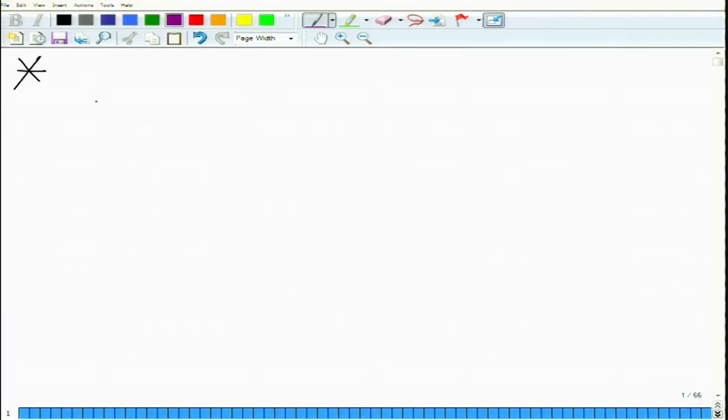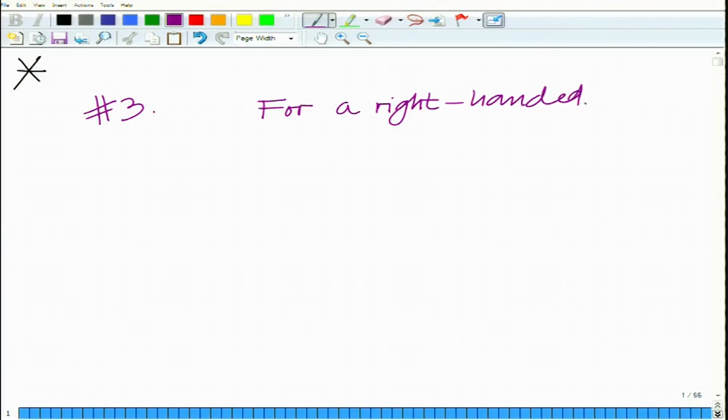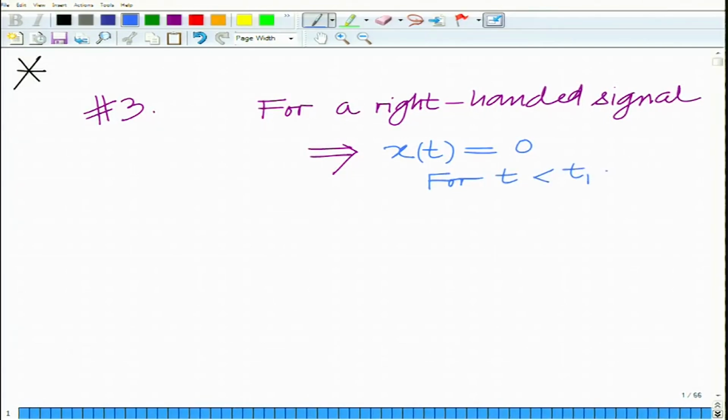Now, for a right-handed signal, this implies that x(t) equals 0 for all t less than some t1, which is less than infinity.